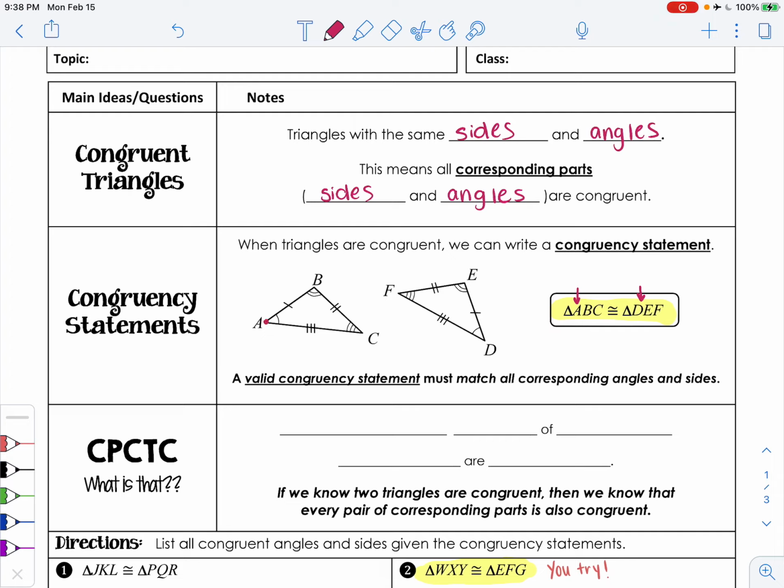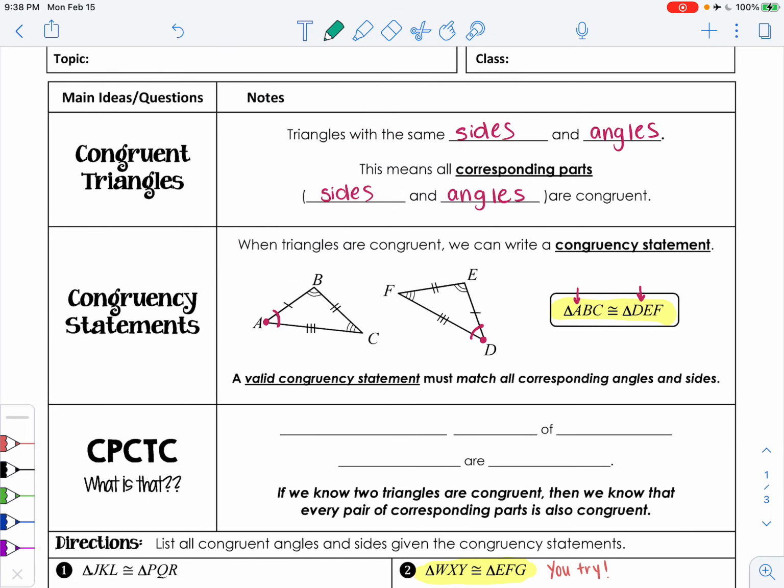So A corresponds with D, and that means any angles or lines that meet at these points are going to be corresponding pieces. So we have an angle at A and an angle at D, those are corresponding, which means that they are congruent.